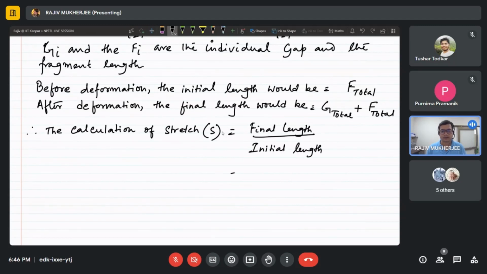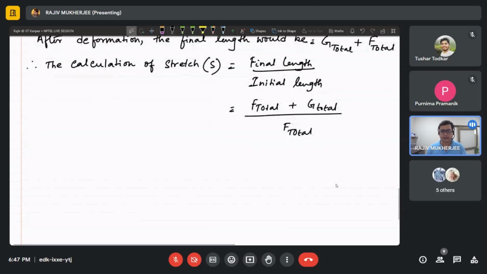So that means we will have F total plus G total divided by F total. So that means we will have 1 plus G total divided by F total, right?